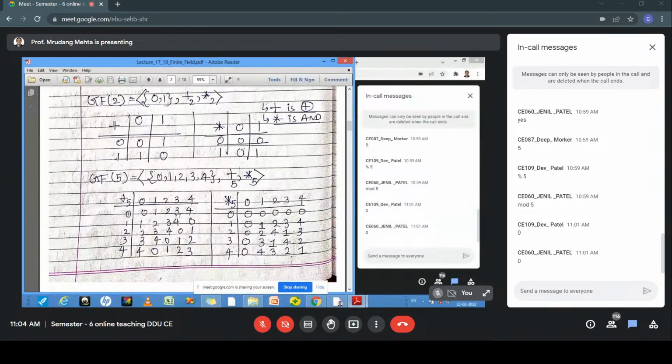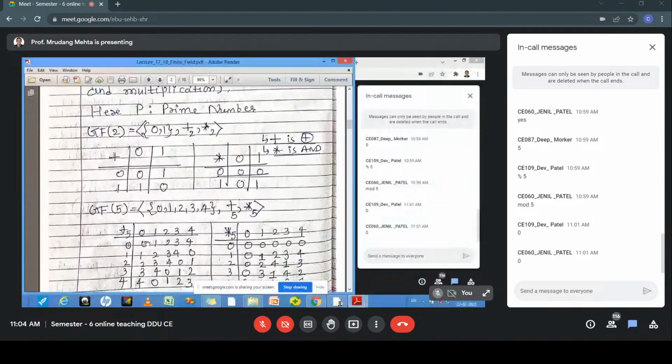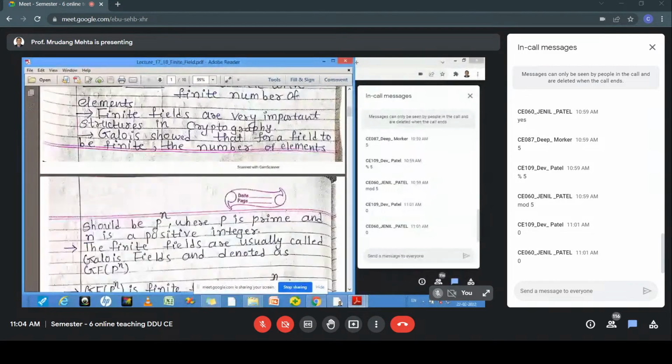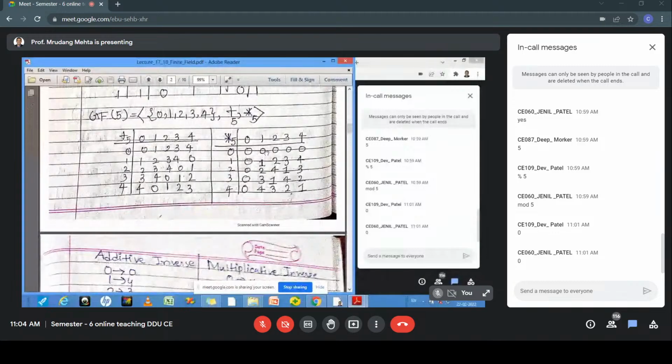So you find identity and the multiplicative inverse, but you don't find multiplicative inverse of the identity of the first operator, because here you find that all are zeros, right?